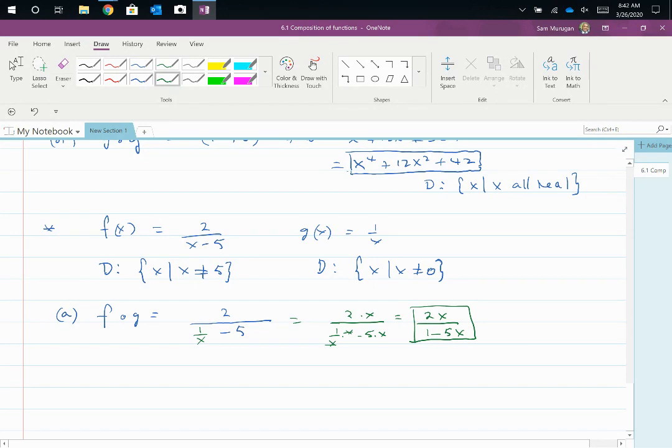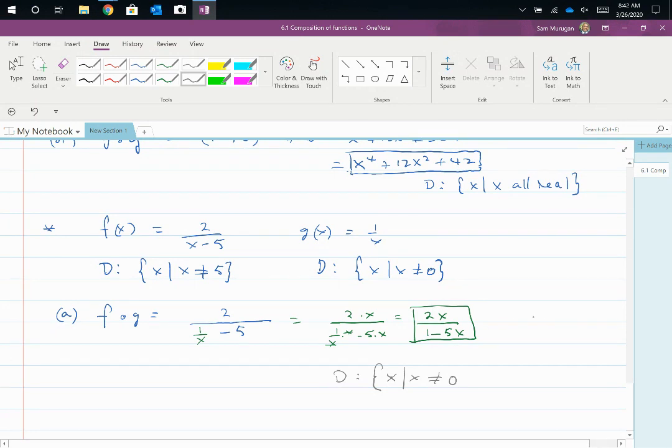Now, things to consider. We know that this function, because it's composed of g, the domain cannot include 0. We know first of all that it cannot include 0 because the g function has a domain exclusion of 0.